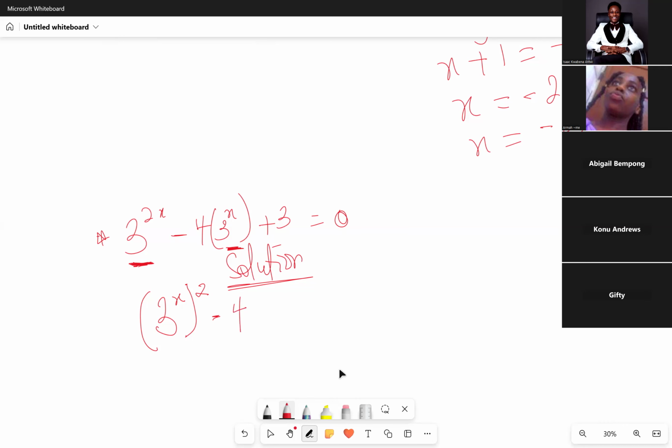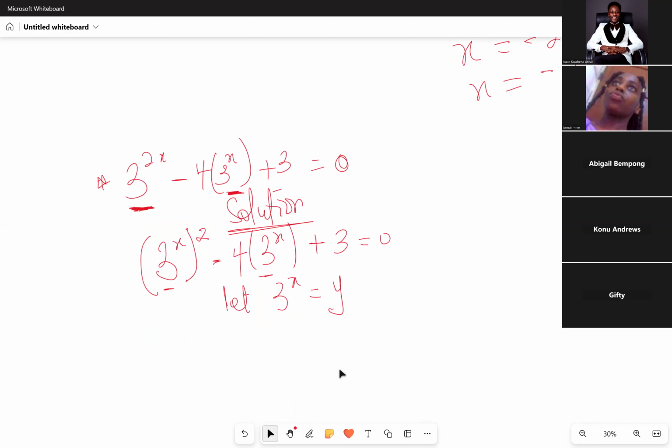Okay. So for this one coming there, you see, I have 3 exponent x here. So we'll be able to play it well. Wherever we see 3 exponent x, let's replace it with y. We'll come back to it, okay?